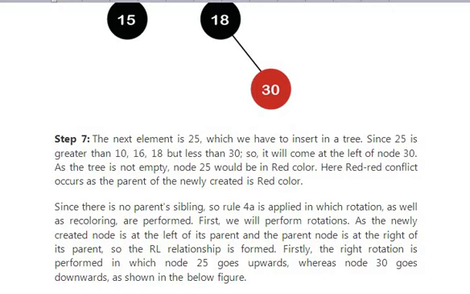You need to observe why RL here. The newly created node is at the left of its parent, that is 25, and 25's parent is 30, and the parent is at the right of its parent.